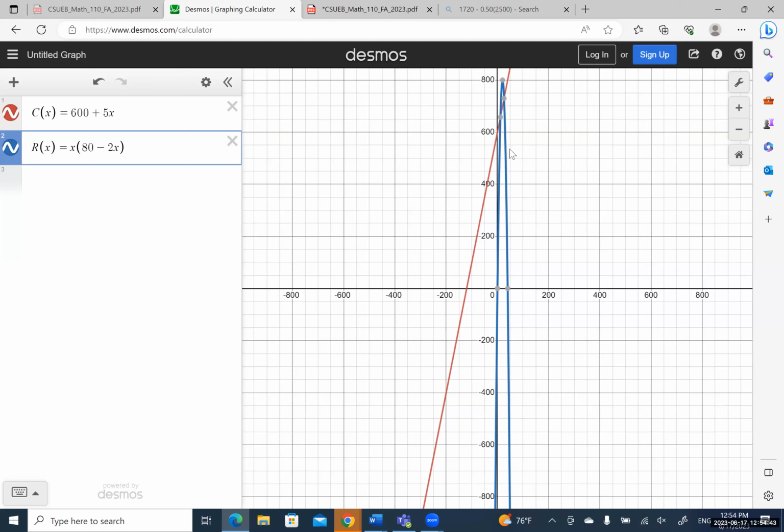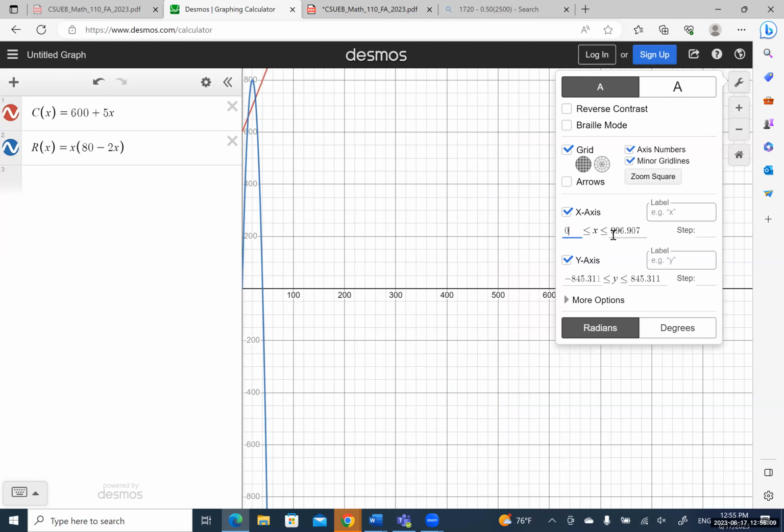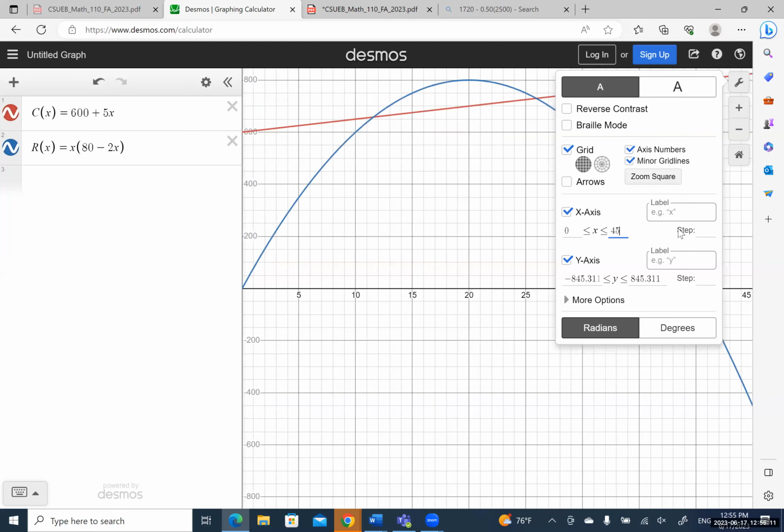I want to adjust this to make my graph the best and show my boss. So first I need the highest part for the y values. I need the x maximum to be about 40, so I'm going to adjust the x-axis to be between 0 and maybe 45, because I want to bound it.